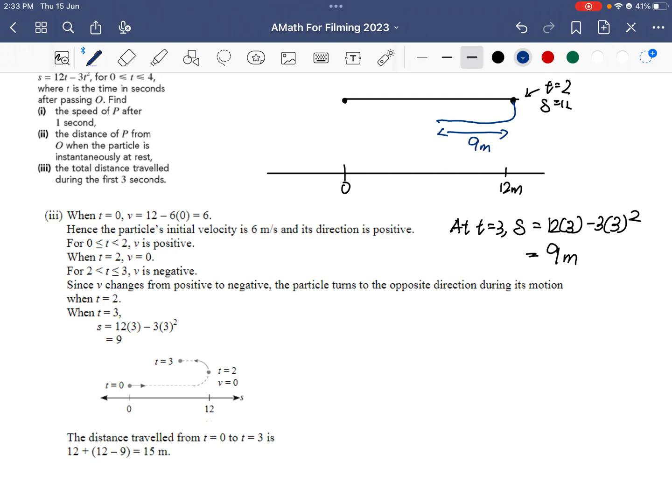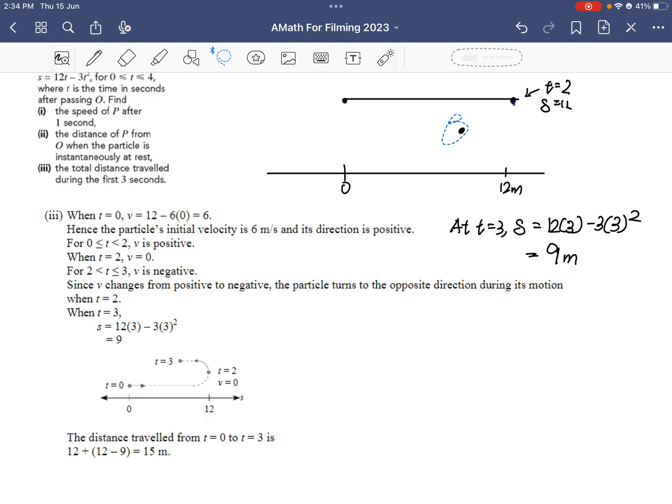If I say that this distance is 9 meters, is this correct? Okay, this distance here is not 9 meters. Where is this 9 meters? Just to be very clear, this 9 meters actually is over here. So the particle at t equals 3 seconds is somewhere here.